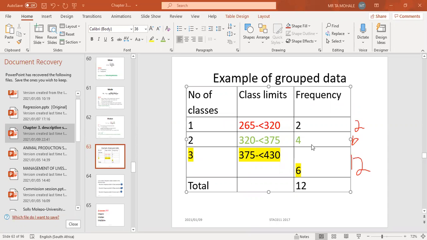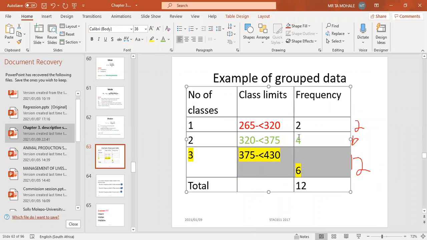So when you are calculating median in an ungrouped data, when the value of n is even, you take the value at that particular position, you add it with the next consecutive value. In this case, we have 6 in the second class, we have another 6 in the third class.